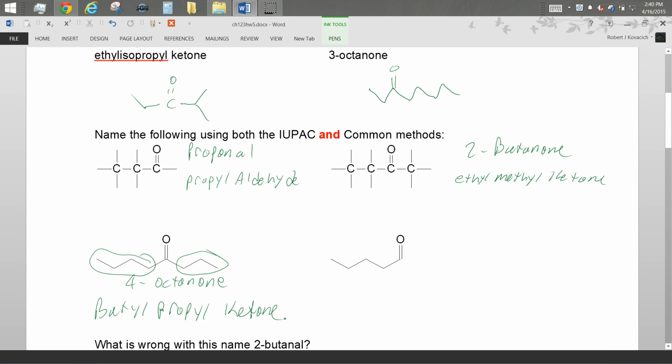Do you see that we haven't accounted for all 8 of the carbons with the word butyl and the word propyl? That's only 7 of the 8, but the ketone is referring to that carbonyl carbon specifically, so then you do get your 8 total. This one? That work?